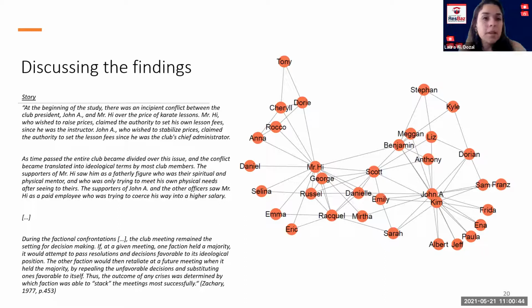Later on you can read this, but it's the drama that happened throughout the relations, meetings and confrontations within the karate club. It's this: we're raising prices. No, don't raise prices. And so it split the group.